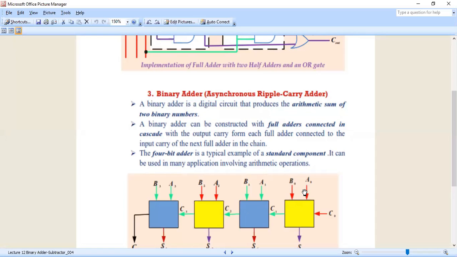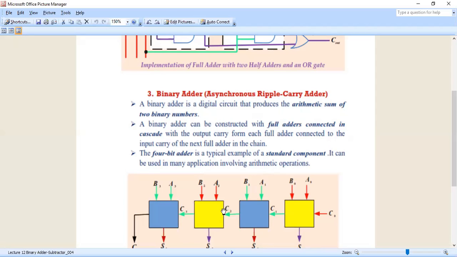So here a0 value is 1, b0 value is 1. By default, what value do you pass for c0? 0. So 0 plus 1 plus 1 is 1 0. Then carry 1, sum 0. So carry 1, a1 value is 1, b1 value is 1, all ones, that is carry 1, sum 1.